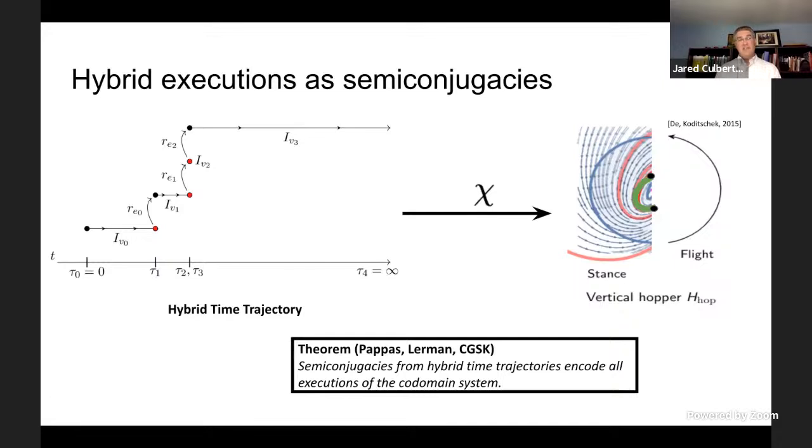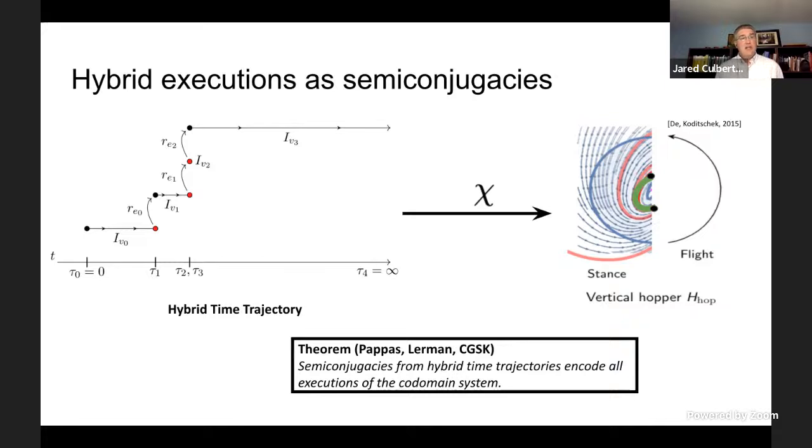In a hybrid system, you have the same sort of thing, but instead of just flowing, now you're going to flow and jump and flow and jump. And we do require that we don't have any Zeno behavior here, which would be infinitely many jumps in finite time. We make that simplification.